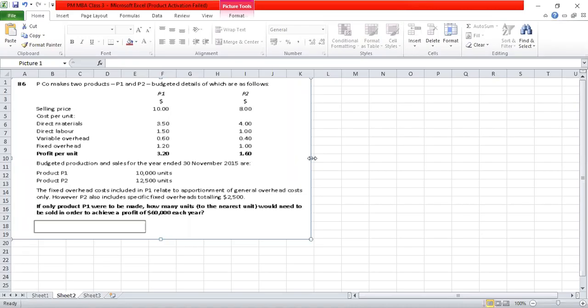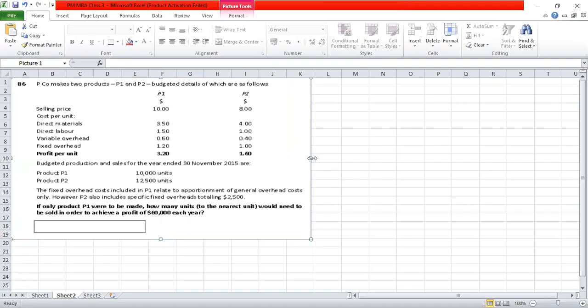So the focus in this problem is, it says that the fixed overhead costs included in P1 relate to apportionment of general overhead costs only. However, P2 also includes specific fixed overhead totaling 2,500. So there is a very specific fixed overhead cost to the extent of 2,500.